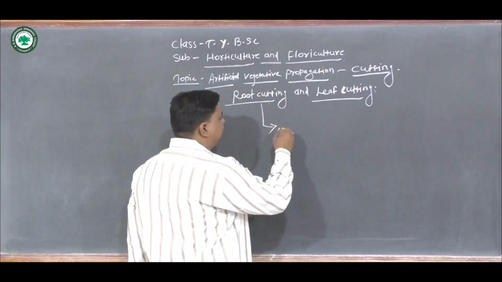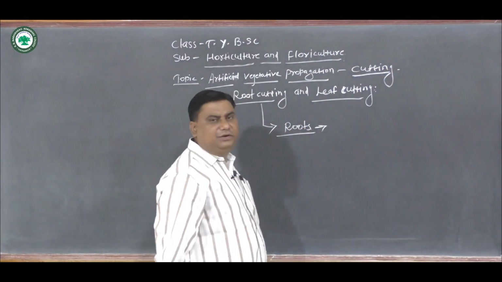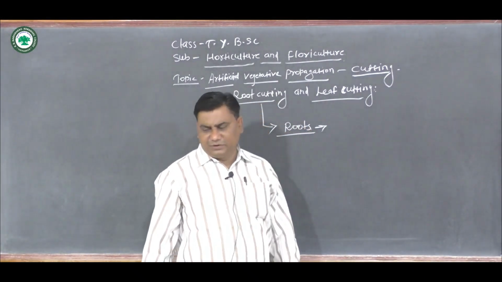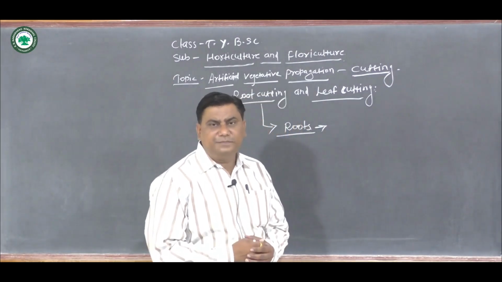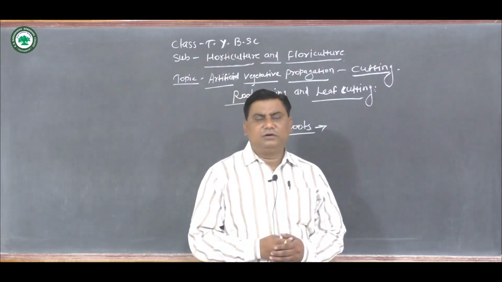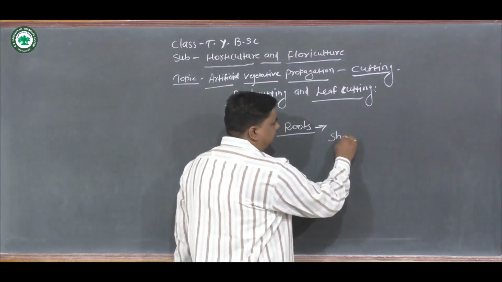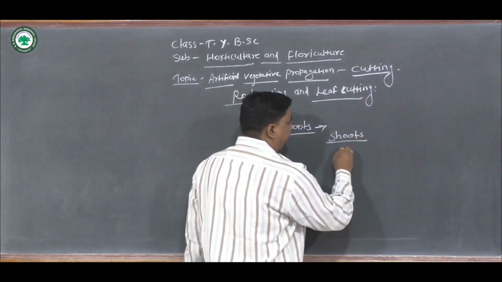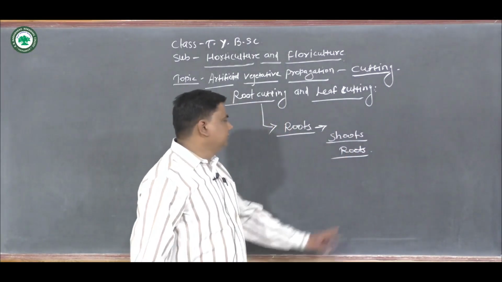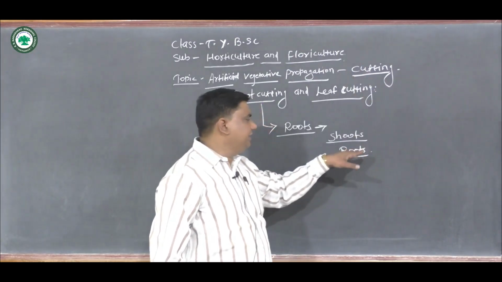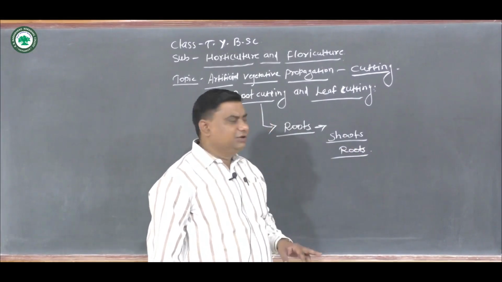Only the roots of the plant are used, and those roots must be capable of producing a new individual, that is, capable of producing both shoots and roots.